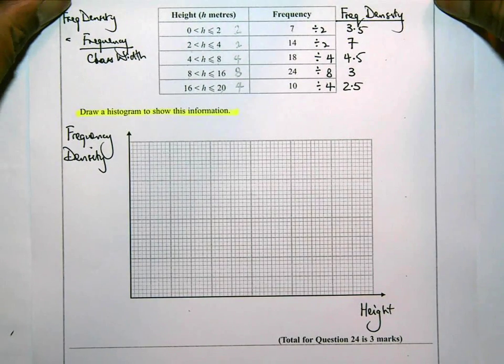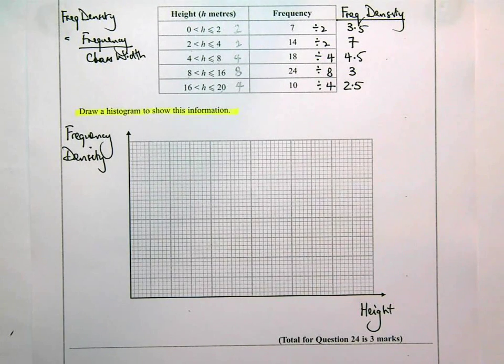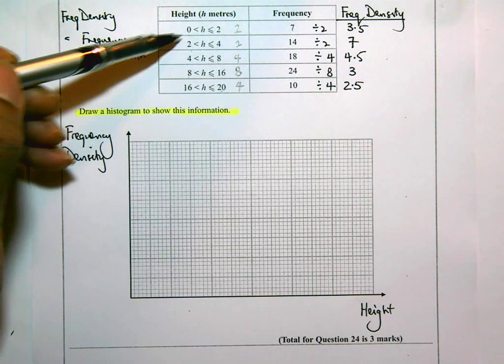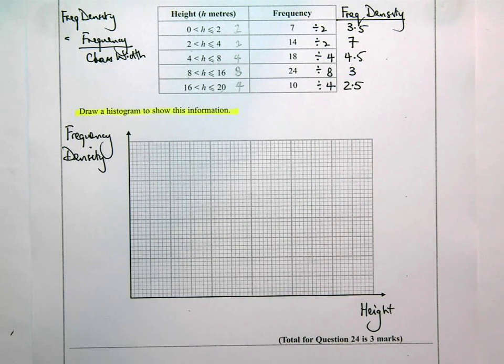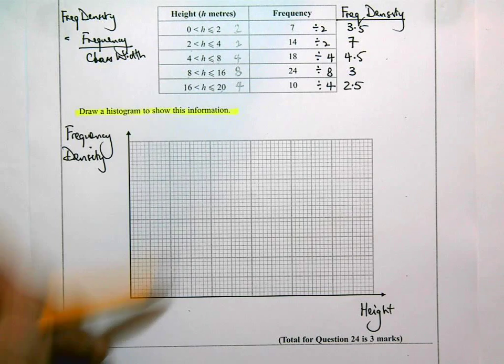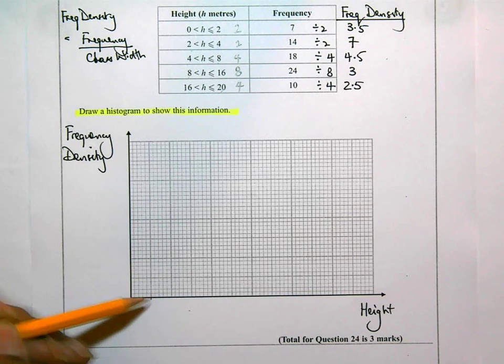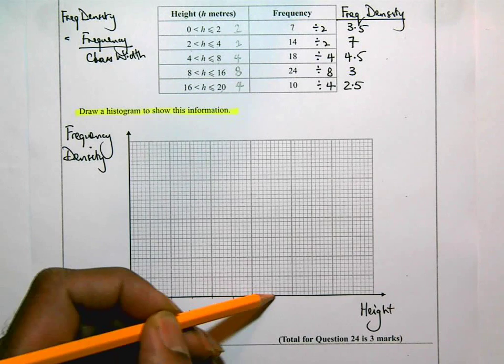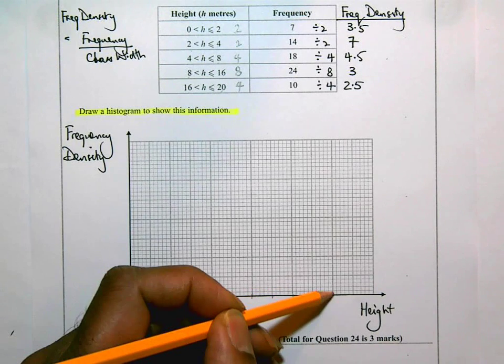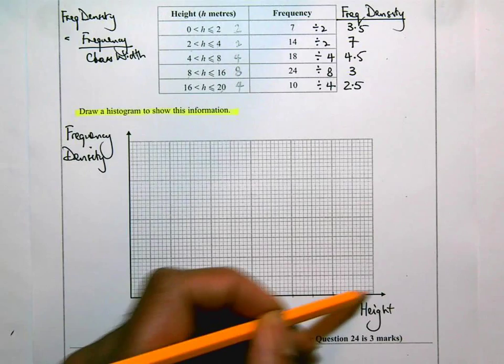And before I proceed any further in terms of writing things down on the scales, let's just look at this. The heights go from 0 all the way up to 20. So I'm going to use a pencil to mark these in. And so let's see how many spaces we've got. We've got 1, 2, 3, 4, 5, 6, 7, 8, 9, 10, 11, 12. Now it goes up to 20.